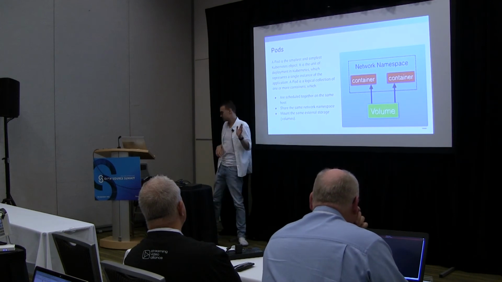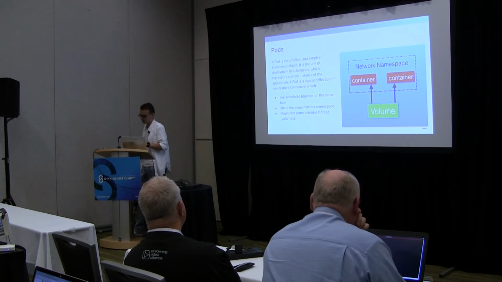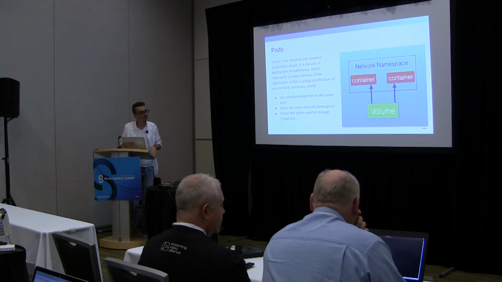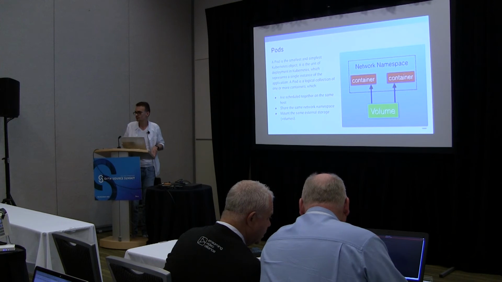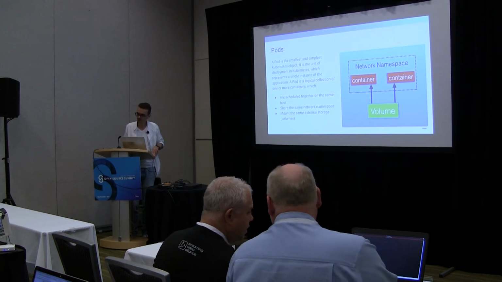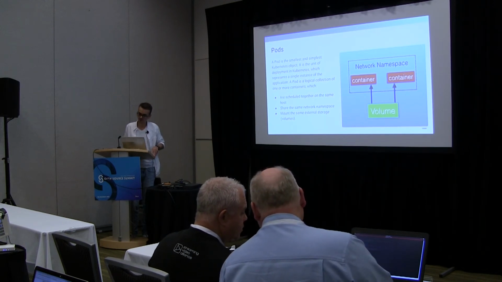The biggest difference of a pod compared to other Kubernetes objects is that all the containers within one pod should be run on exactly the same worker, on exactly the same machine.